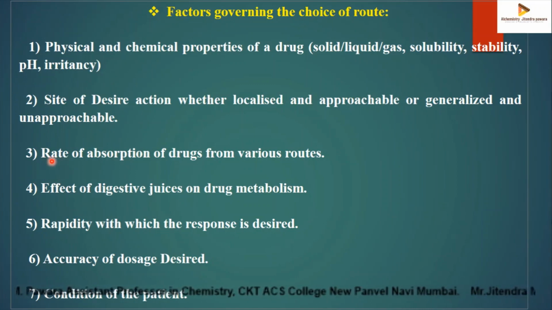Then the third point is rate of absorption of drug from various routes, like parenteral, oral, topical, subcutaneous, nasal route and rectal route. The rate of absorption depends upon which route you are taking the drug, so this is also one of the factors that govern the choice of a route.